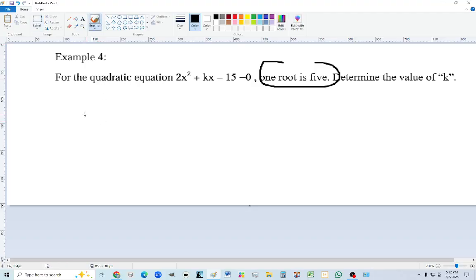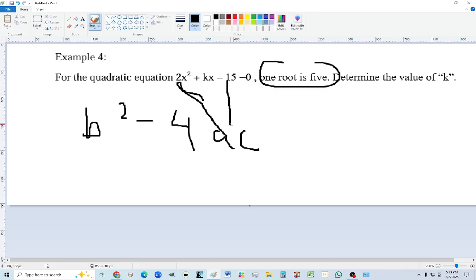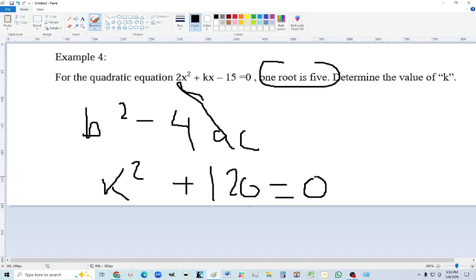So again, the discriminant is b squared minus 4ac. In this case, a is 2, c is minus 15, and b squared is k squared. And what's minus 4 times minus 15? It's plus 60, and then times 2, plus 120, is equal to 0. Now, why would they tell us this?